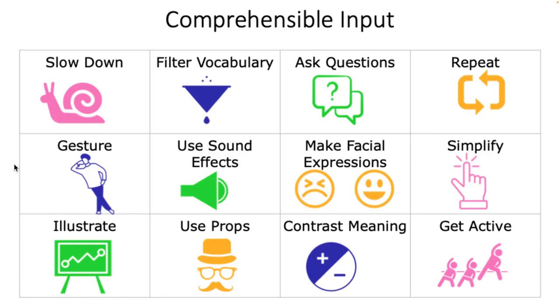And so, as a teacher, if you can slow down your speech for the beginning students, it makes it easier for them to understand. I've been teaching ESL for more than 20 years, so I've learned to speak slowly, and I do it almost all of the time. It's just my habit now.